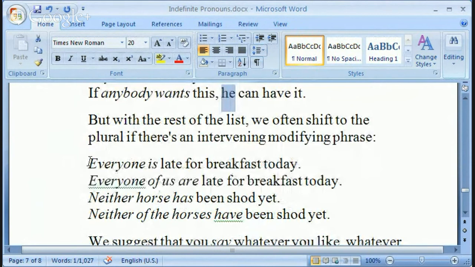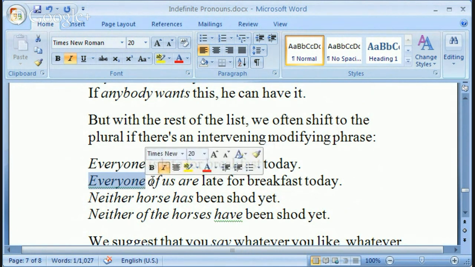We can make it plural. Everyone, without any extra prepositional phrase: everyone is late for breakfast today. It's obviously a singular indefinite pronoun. Now, if I modify this with the phrase of us, every one of us are late. I have to change to a plural verb form, because it's being modified by of us.